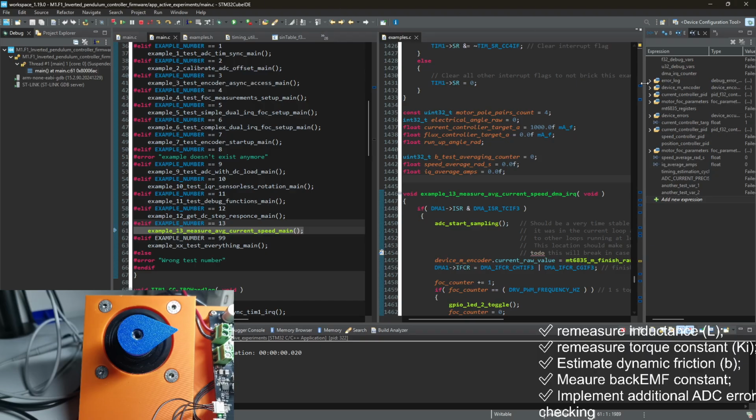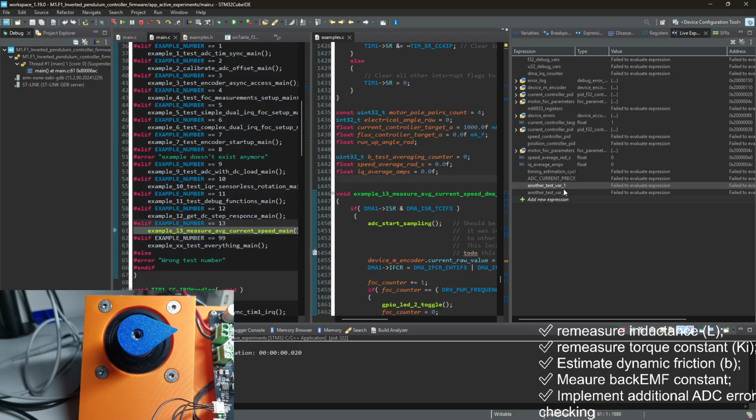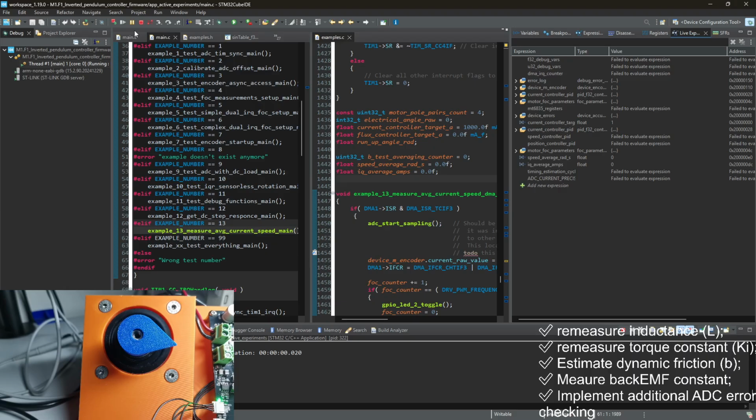And let's see. Remove this, and that. What is that? It definitely did not work.